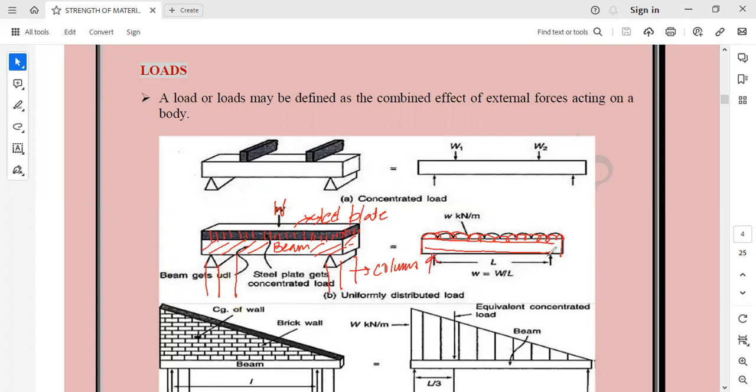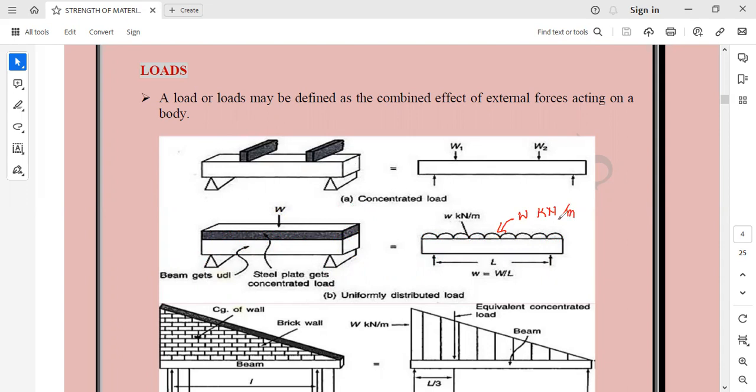This beam is simply supported. One important thing is that this is the load W, which is spread over the entire surface area, and the unit of it is kilonewton or newton per meter.